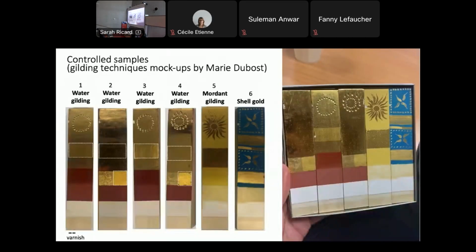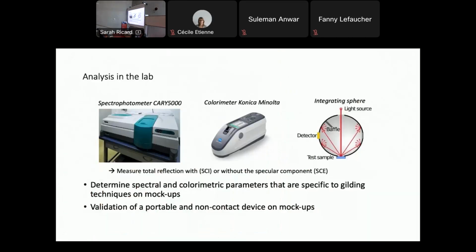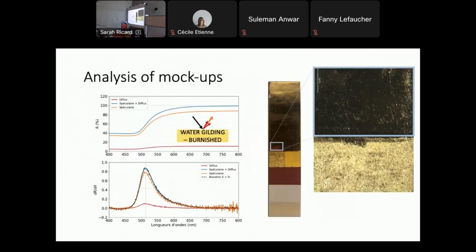These mockups have been analyzed both with the portable device and in the lab, essentially with the Cary 5000 spectrophotometer. This analysis allows us to have a glimpse of the effect that these different techniques have on the way the surfaces react to light.